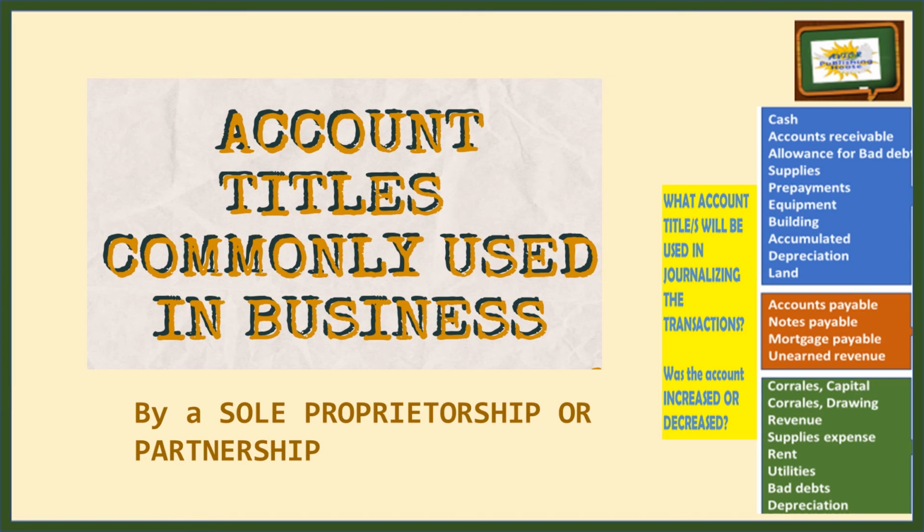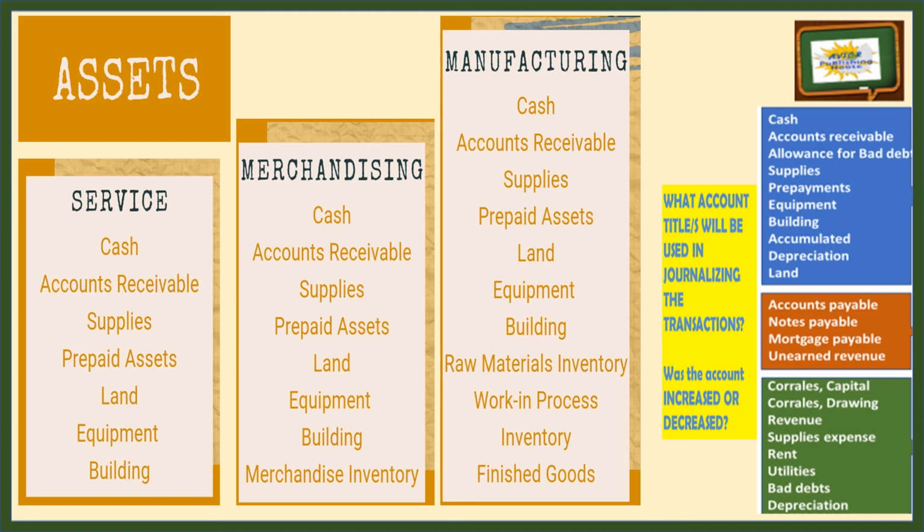So, let me give you the different account titles commonly used in business based on the form of business organization. First, the assets of a service, merchandising, and manufacturing business.